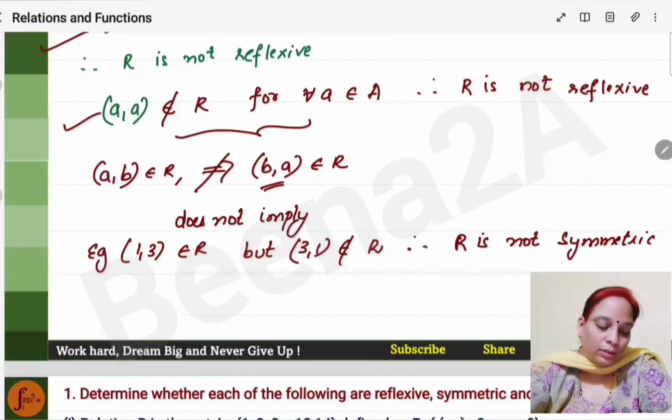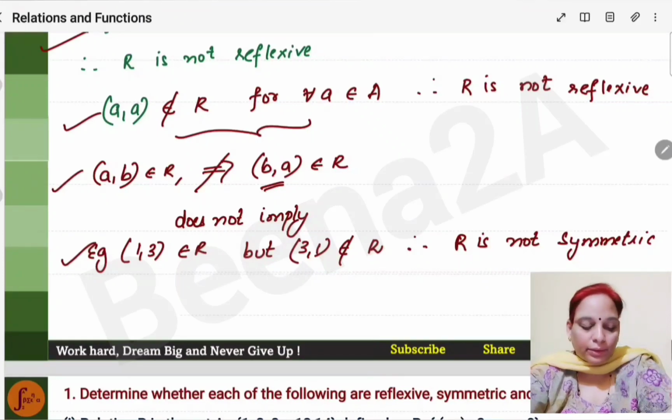So, you can either write it like this or you can write it with an example, making it more clear.